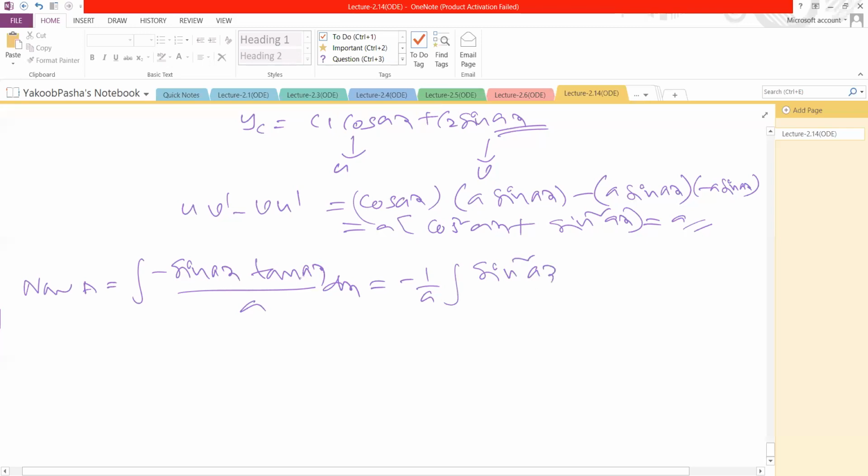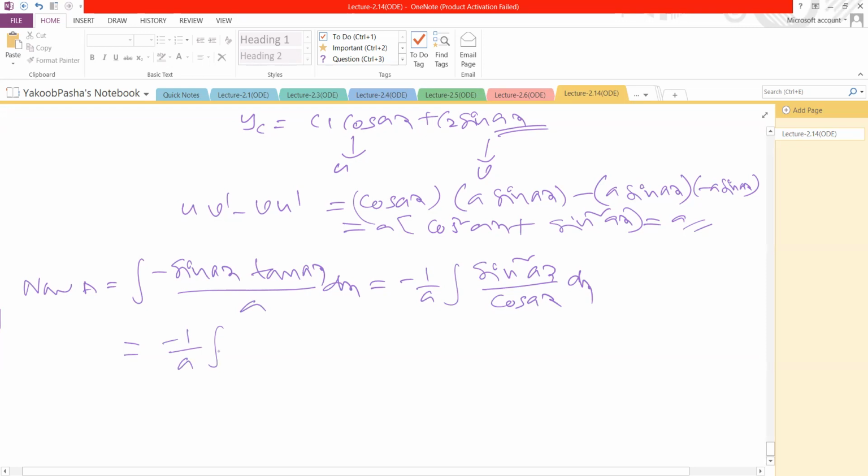Tan means sin by cos, so sin into sin square ax by cos ax dx. Here v dash, I am taking v value sin ax and r value tan ax.